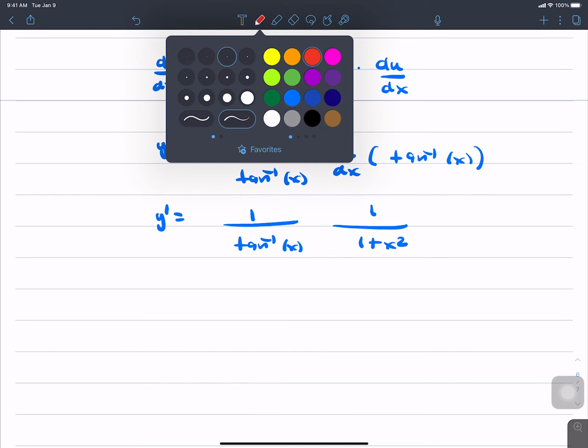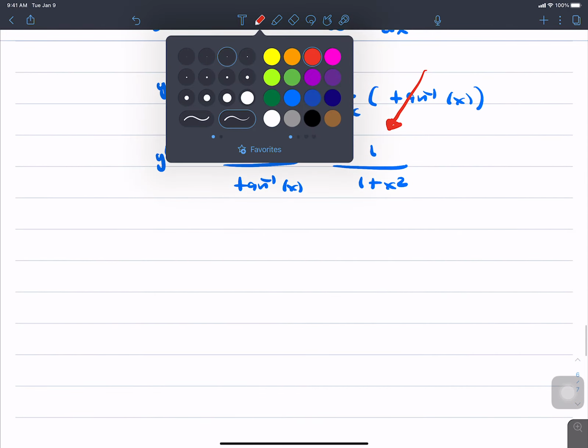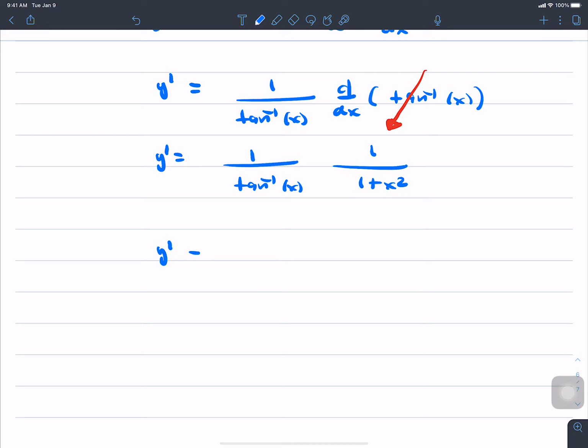This is the derivative here using chain rule. So your y prime becomes 1 over 1 plus x squared, inverse tangent.